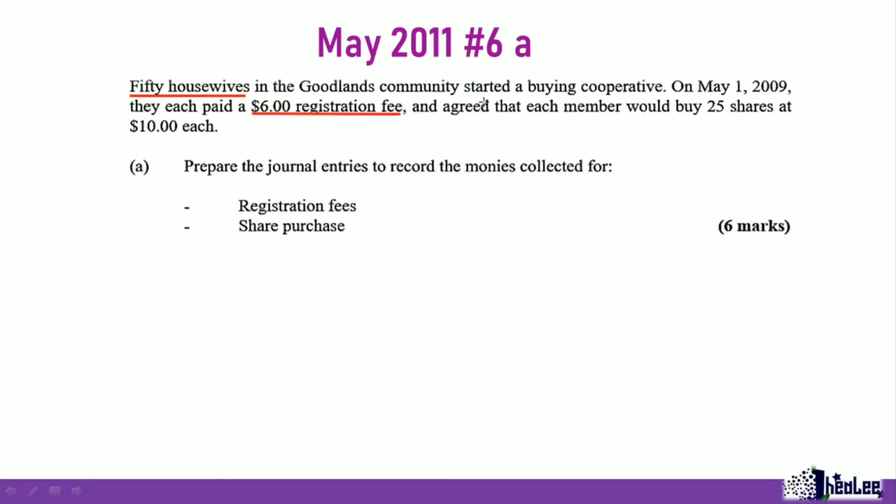If that is the case, it simply means that what the business generated from the housewives as registration fee would be the number of housewives times the $6 registration fee, and that would give us a value of $300. So registration fee generated there is $300 for income.